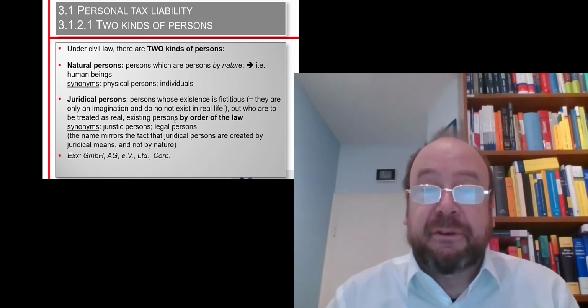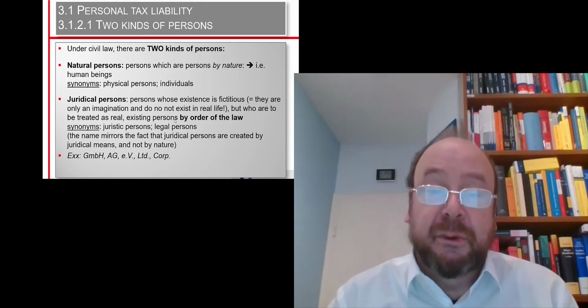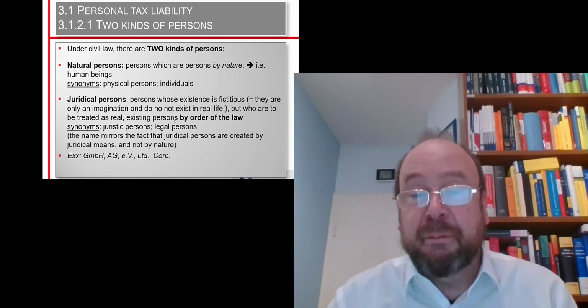So we have two kinds of persons, the ones who exist in nature and the other ones who just exist by a fiction which has been given by law.